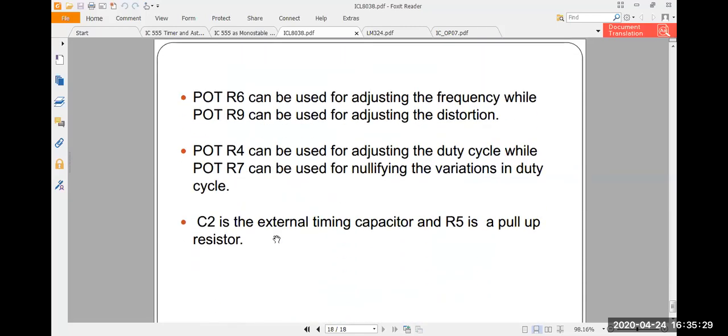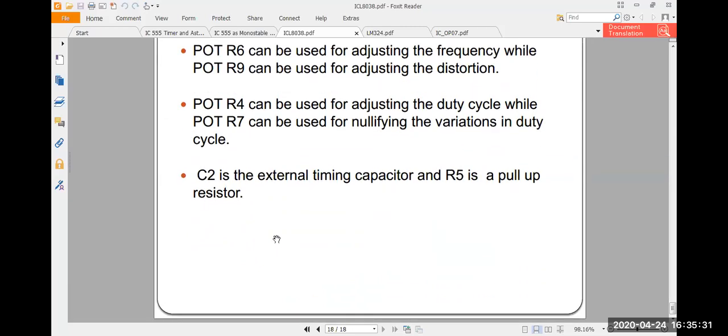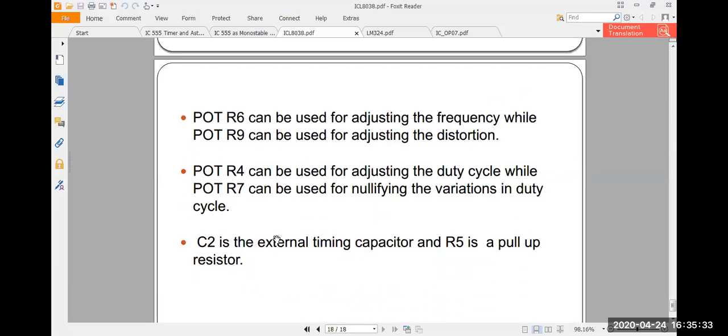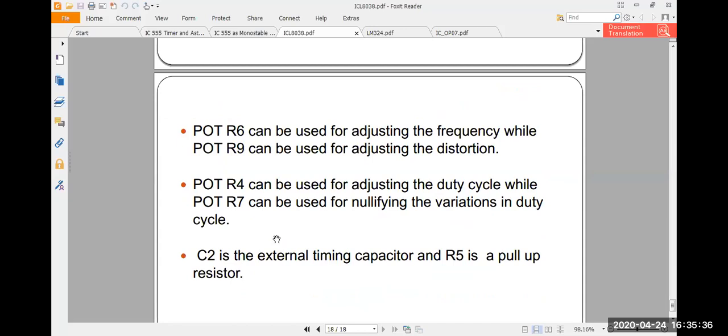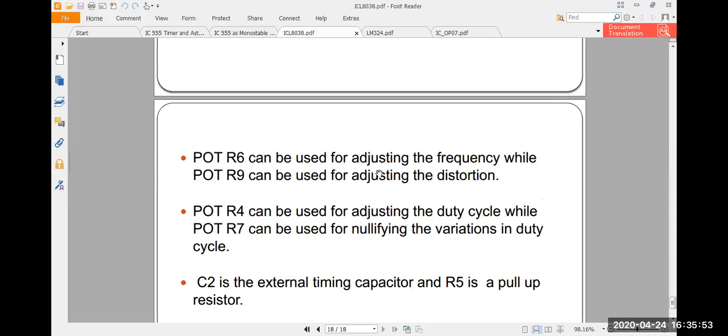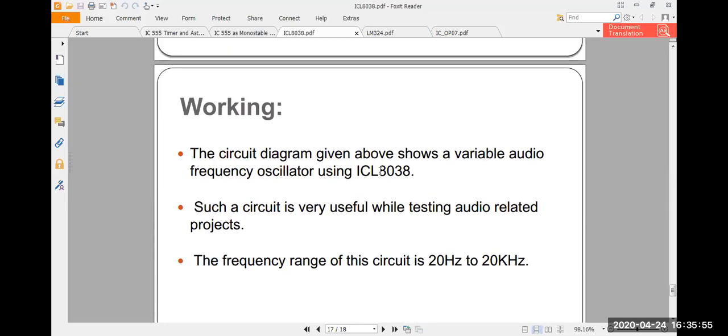It is given here how we can generate an audio frequency wave. As far as 8038 is concerned, it is primarily a waveform generator, but by using different external components, you can use it as an audio oscillator or for other applications.